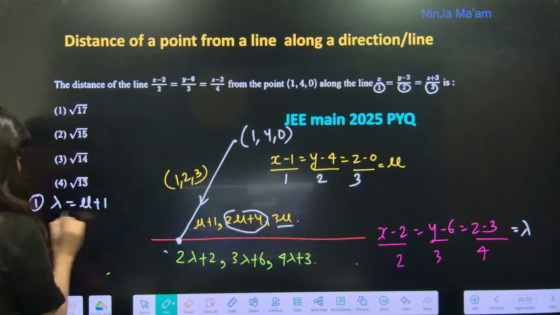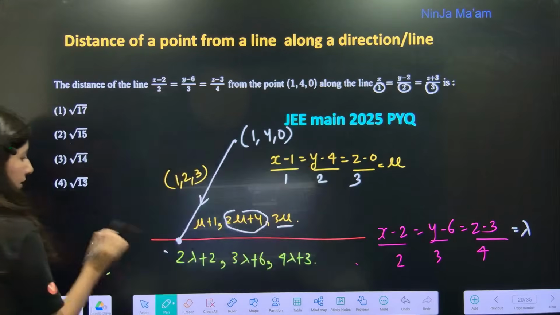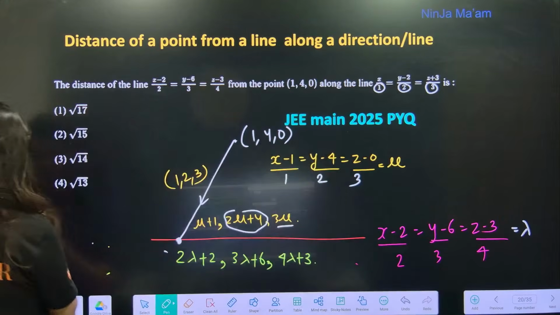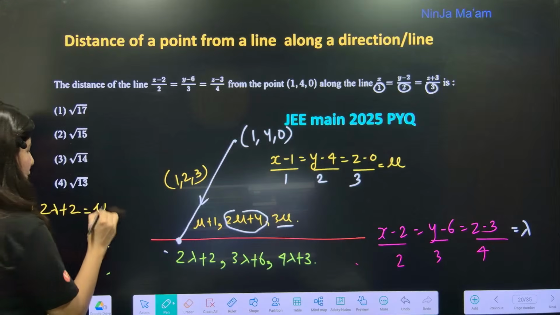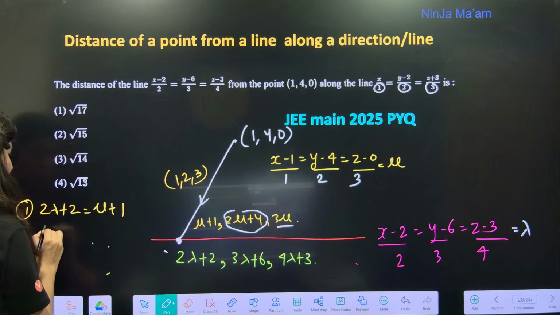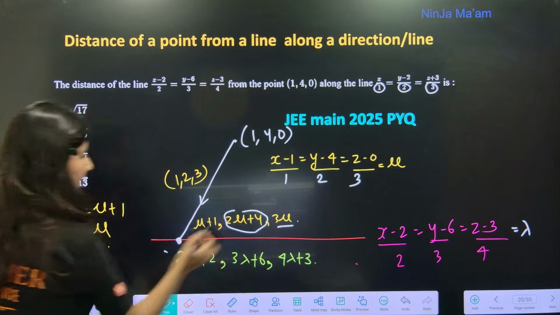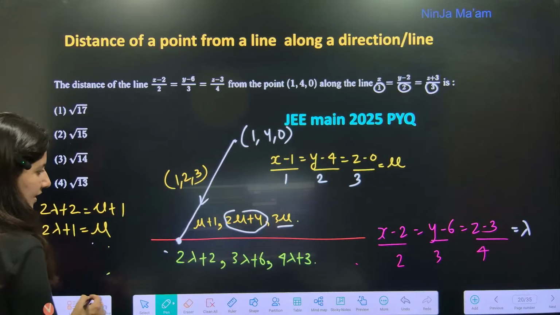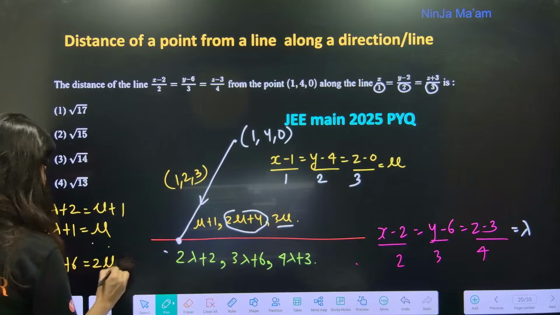Okay. Now equate. Same procedure, equate. If you equate the first equation, 2 lambda plus 2 is equal to mu plus 1. So it is going to give you 2 lambda plus 1 is equal to mu. Second, now equate this. 3 lambda plus 6 is equal to 2 mu plus 4.